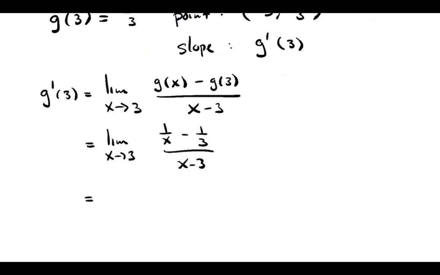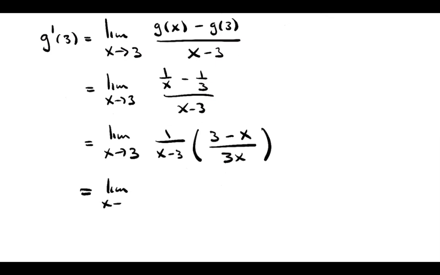I'm going to get a common denominator in that numerator. First of all, instead of dividing by x minus 3, I'm going to write it as the reciprocal. And then that numerator, 1 over x minus 1 over 3, with a common denominator, is 3 minus x over 3 times x.